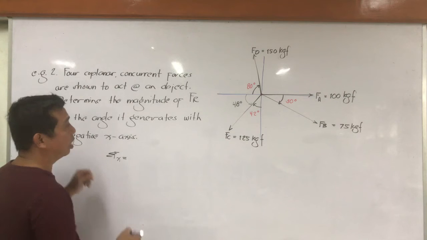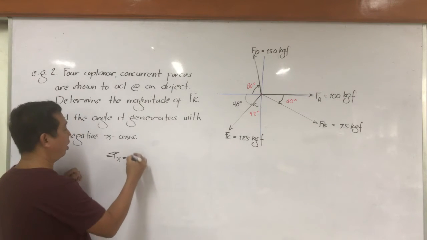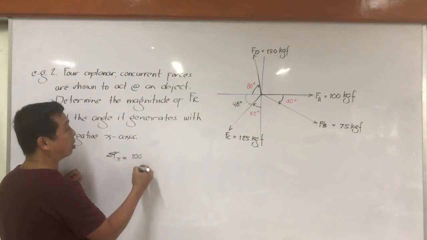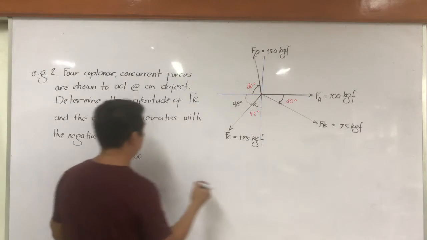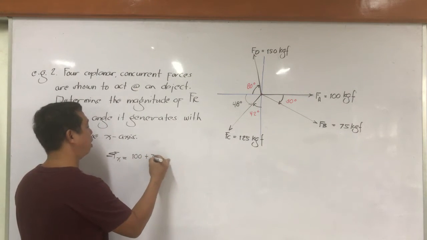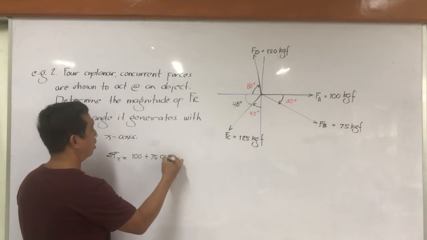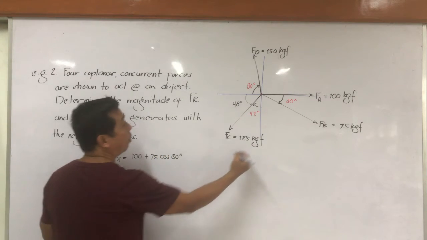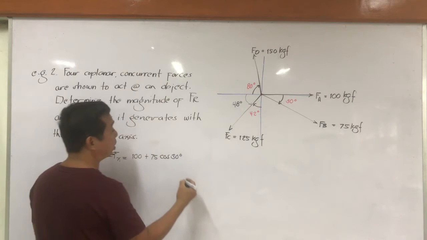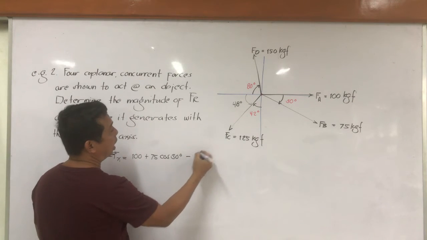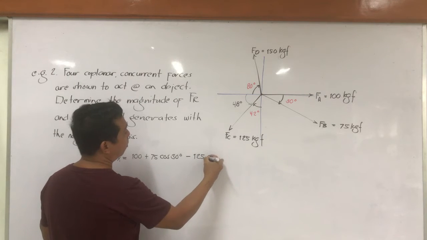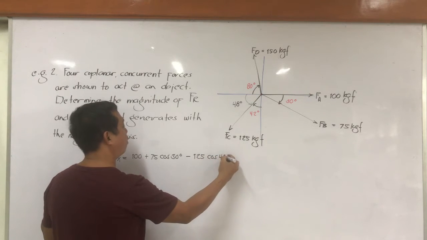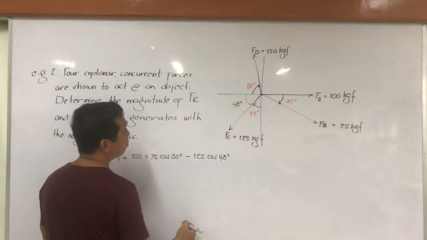So, we start with 100, that being perfectly horizontal, 100. Tapos yung x component nito would have to be positive 75 cosine of 30. Then yung x component nito would have to be negative 125 cosine of 48.